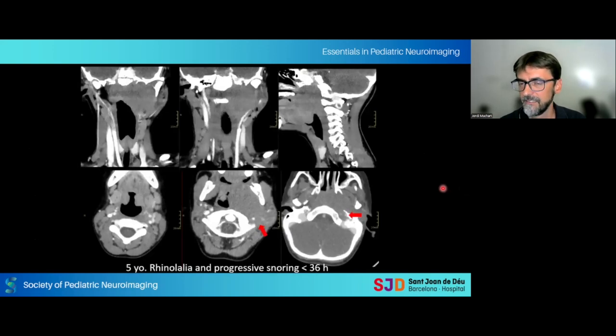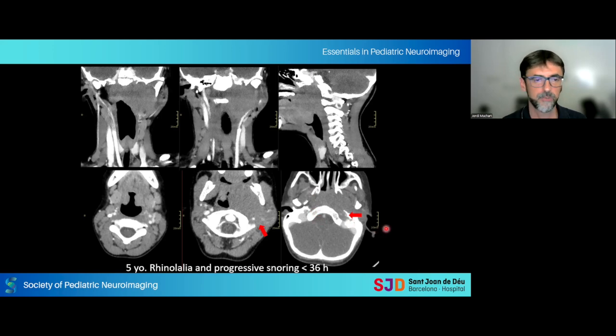Next case is an important pathology to know because it can be life-threatening. This is a case of a 5-year-old child with rhinolalia and progressive snoring that evolved very rapidly, in less than 36 hours. You can see that even with contrast, we cannot find the boundaries of the lesion by CT.